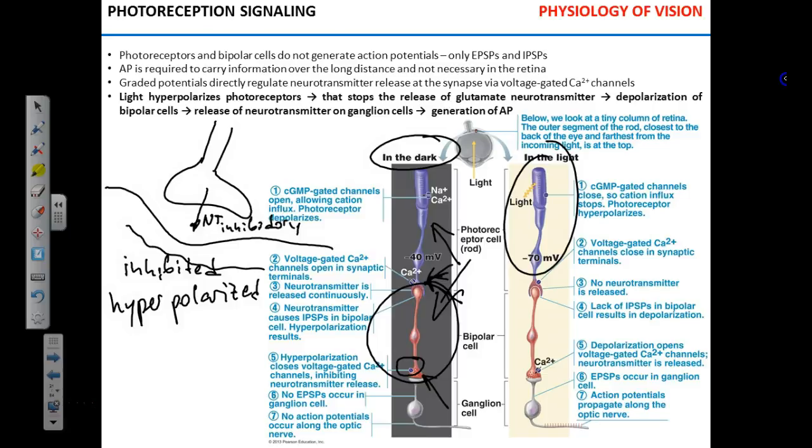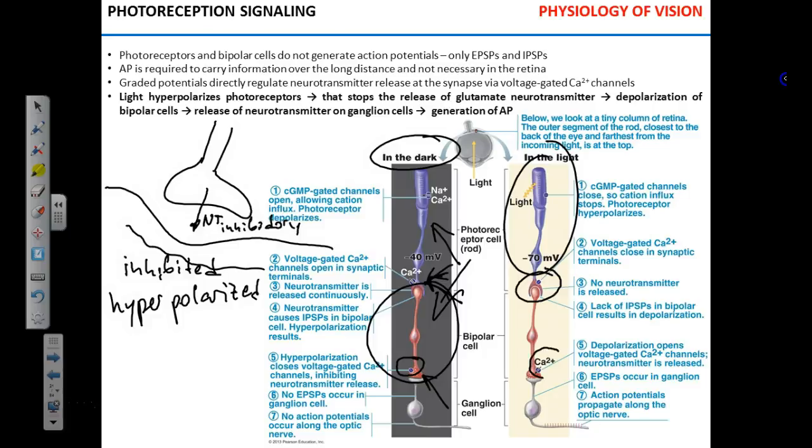What type of neurotransmitter does it not release? Inhibitory. So there is no inhibitory neurotransmitter at this synapse. So bipolar cell is not inhibited anymore. It is not hyperpolarized anymore.